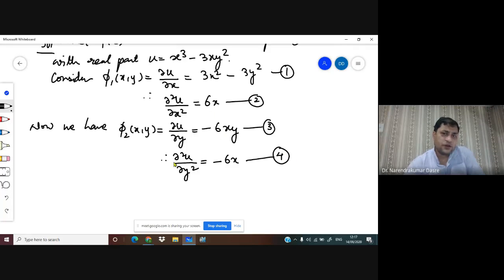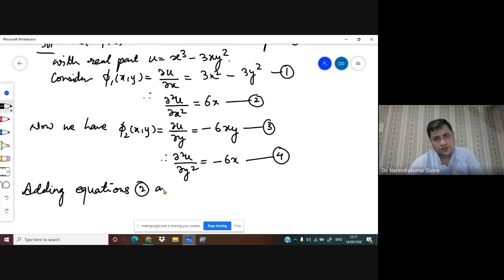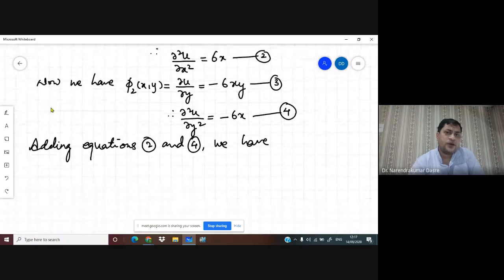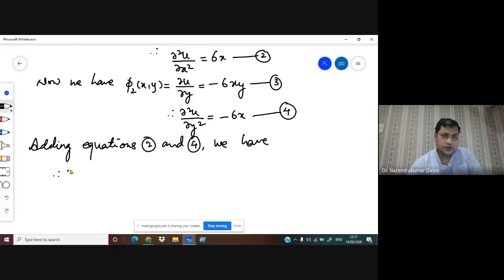Okay, so I want to show that this function is harmonic, so I have to add equations 2 and 4. Adding equations 2 and 4, we have, see carefully, del square u by del x square plus del square u by del y square, and this is equal to 6x minus 6x, which is equal to 0.